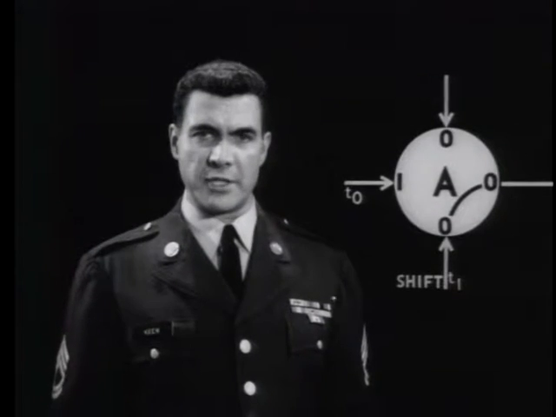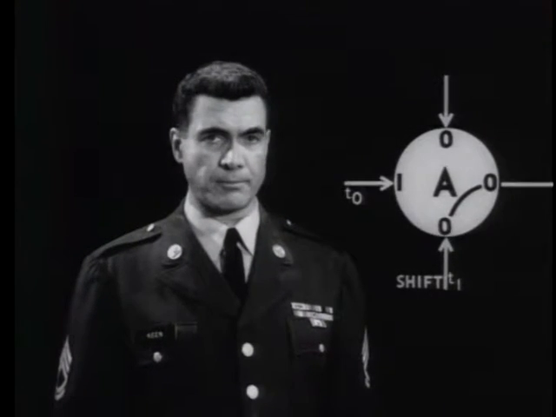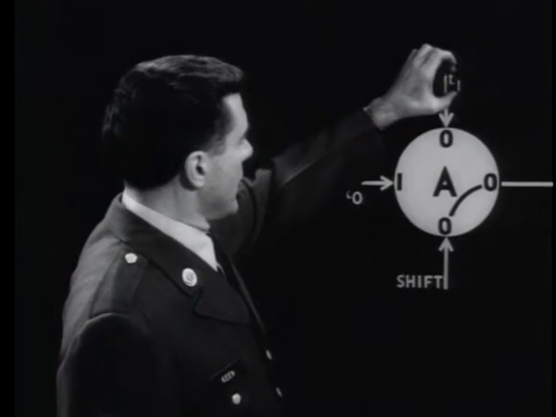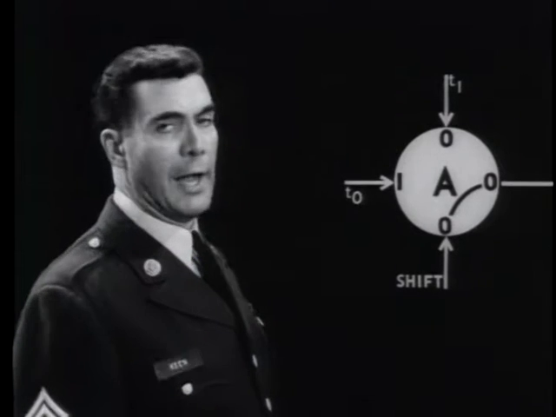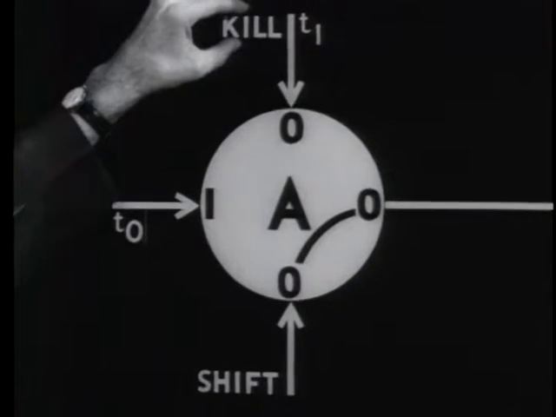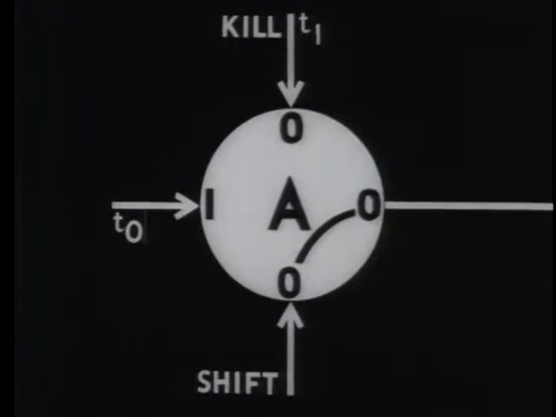Let's put the time symbols in the sequence we want. We should have the dot pulse at the top come in at time t1. If this pulse is applied, it kills the binary 1 that had previously been placed in the core. That is to say, it resets the core to 0 without providing an output pulse.